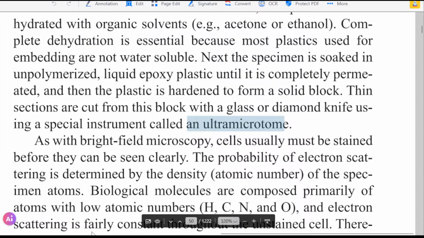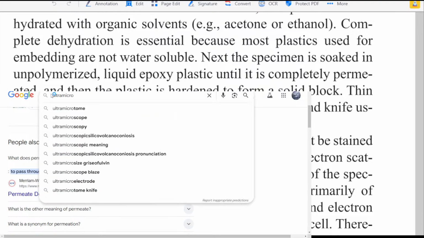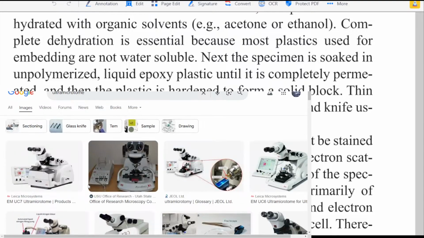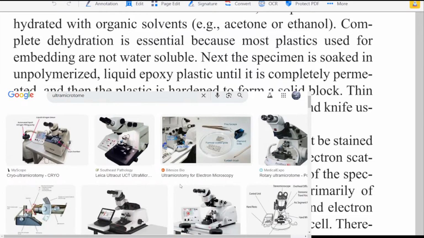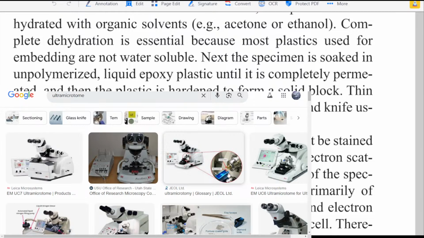Let's look at the picture. How does it look? I think it's a machine, but they said it's a knife. Okay, so this is the ultramicrotome. This is the diamond knife.